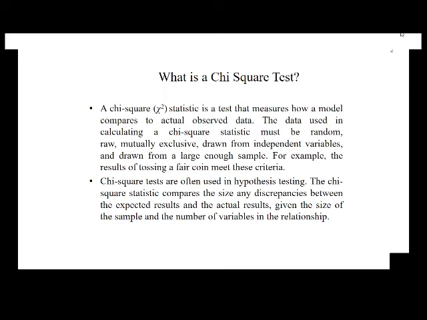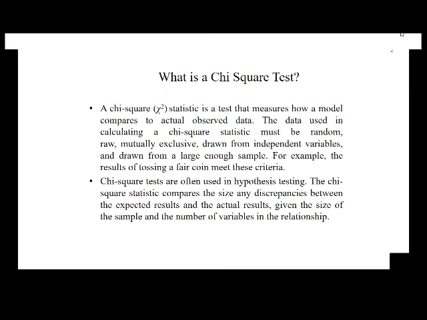Chi-square tests are often used in hypothesis testing. The chi-square test compares the size of discrepancies between the expected results and the actual results, given the size of the sample and the number of variables in a relationship.